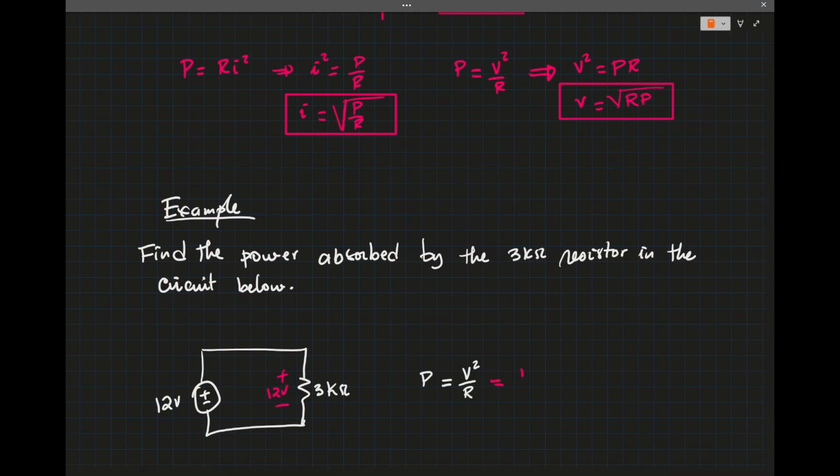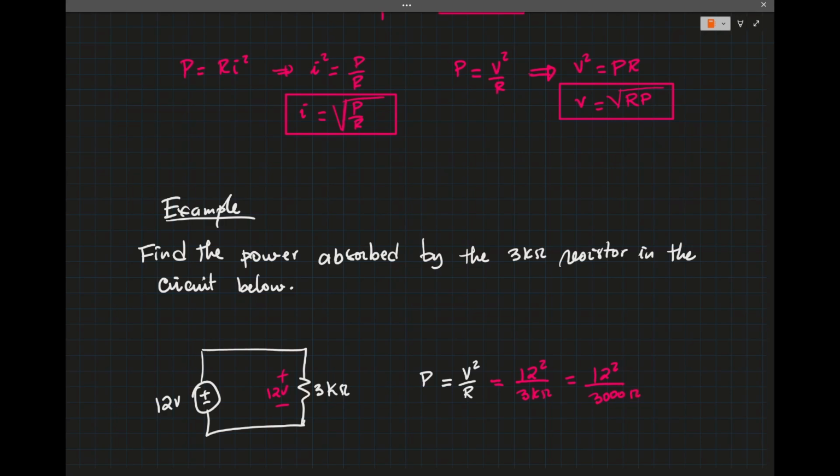So that gives me 12 squared divided by the 3 kilo ohms, or 12 squared divided by 3000 ohms.